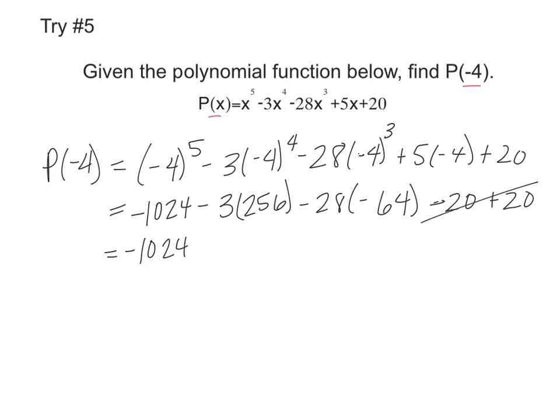Negative 1024 minus 768 plus 1792. And our total is going to equal 0.